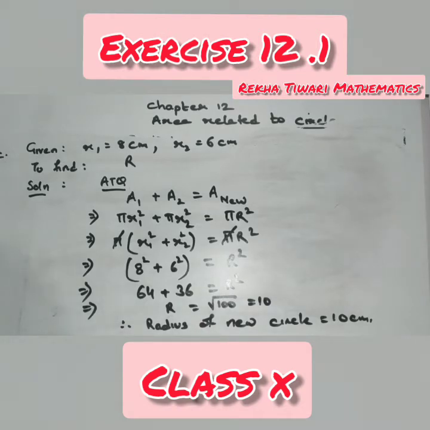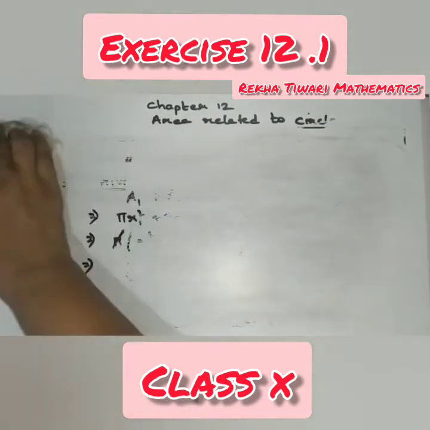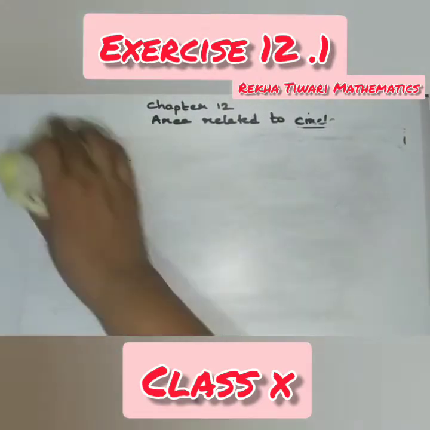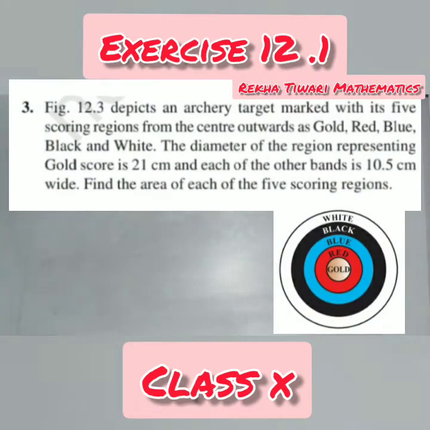Question number 3. Question 3 states that in the figure there is an archery target marked with its 5 scoring areas from the center outwards as gold, red, blue, black and white. The diameter of the region representing gold score is 21 centimeter and each of the other band is 10.5 centimeter wide.